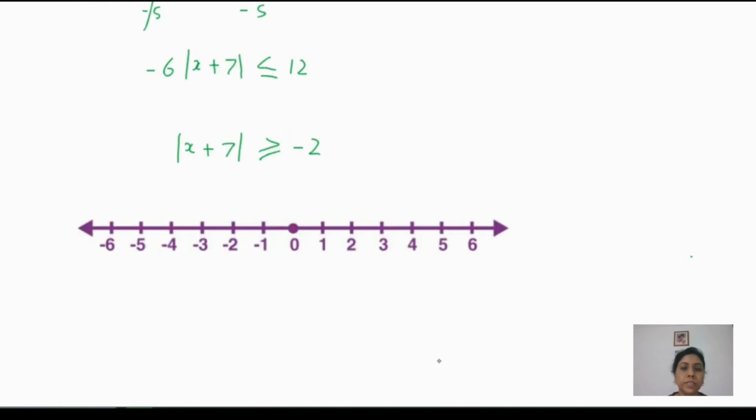An absolute value is always greater than a negative number. So the answer is all real numbers, meaning the whole number line is the answer.